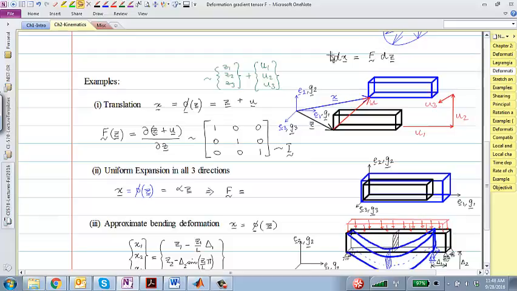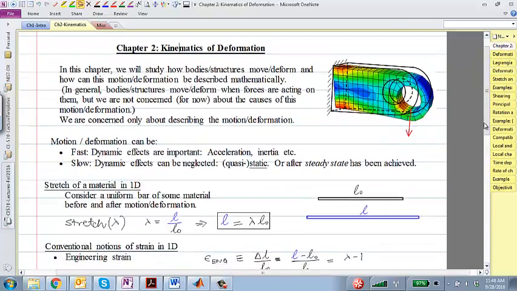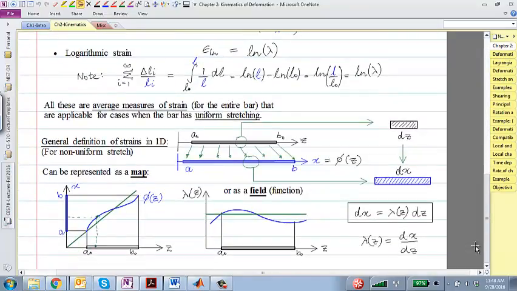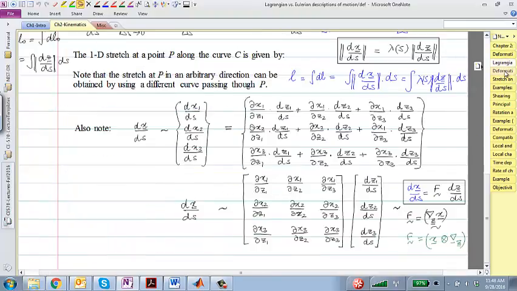We have seen this exact relationship very shortly back, that deformed lengths are equal to stretch times the undeformed lengths. So that stretch, which really just measures the final length divided by the original length, is the same quantity that we are talking about here.